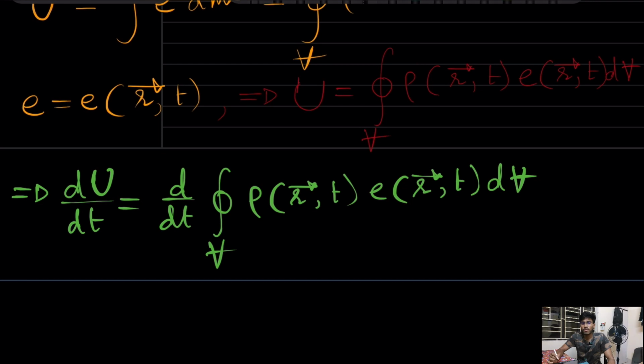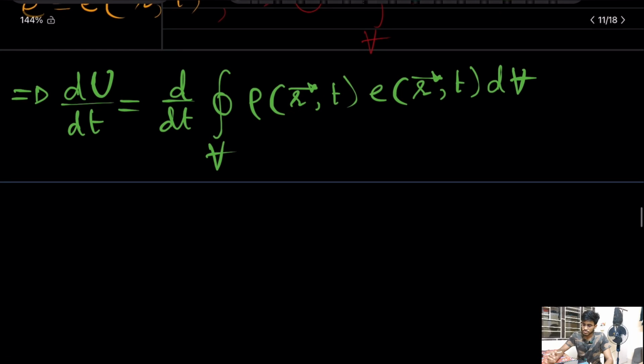So when you are specifying the position vector and the time, you don't have to specify anything else.